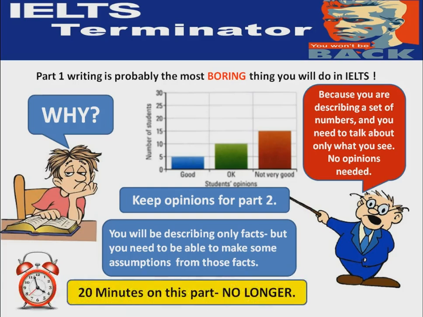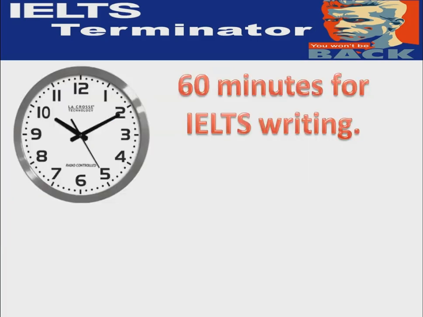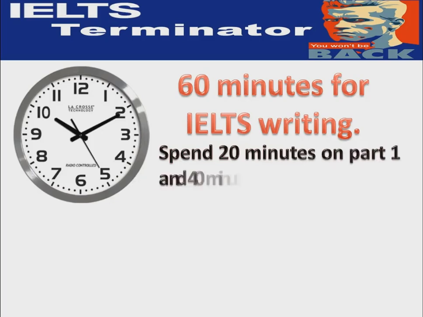Take 20 minutes on this part, no longer. For the whole task of writing in IELTS, you will need 60 minutes. That includes planning both essays. You need to spend 20 minutes on Part 1 and 40 minutes on Part 2, including planning.